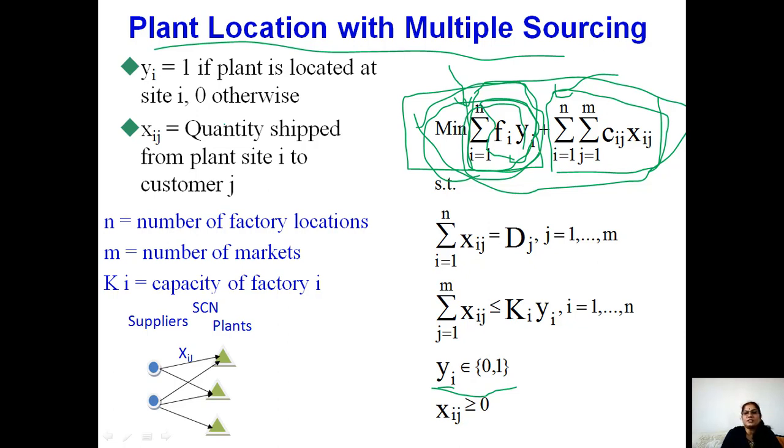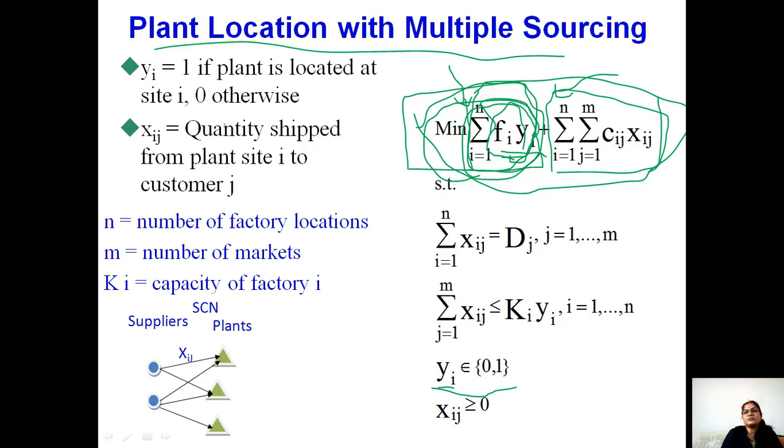So the facility is closed, so fixed cost for the first plant should be 0. Whereas for the second plant it is there because y2 will take the value 1. Once yi takes the value 1, then this value will be present for that plant, so fixed cost of the second plant will be considered in the total cost.